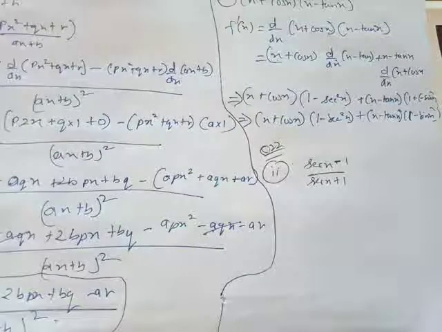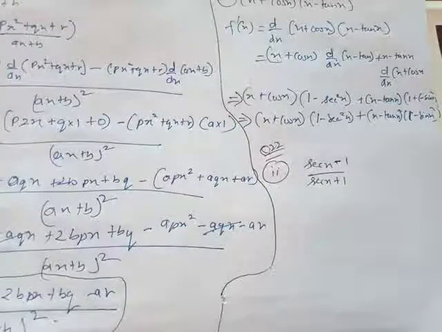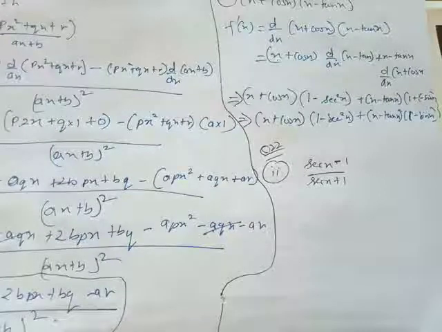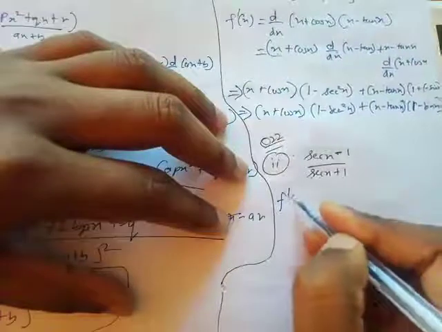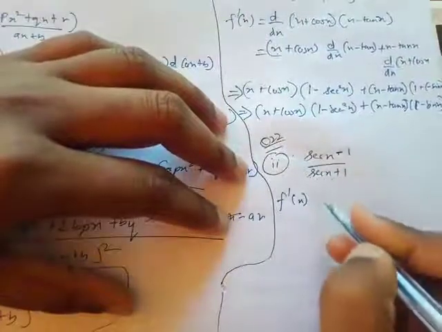If you're holding your pen and pencil, it's going to be really amazing for you to understand. This is a function given, and this function has two parts. One is the numerator, the other one is the denominator. So you'll be using the quotient rule. What does the quotient rule say when I have to find the derivative of this function?